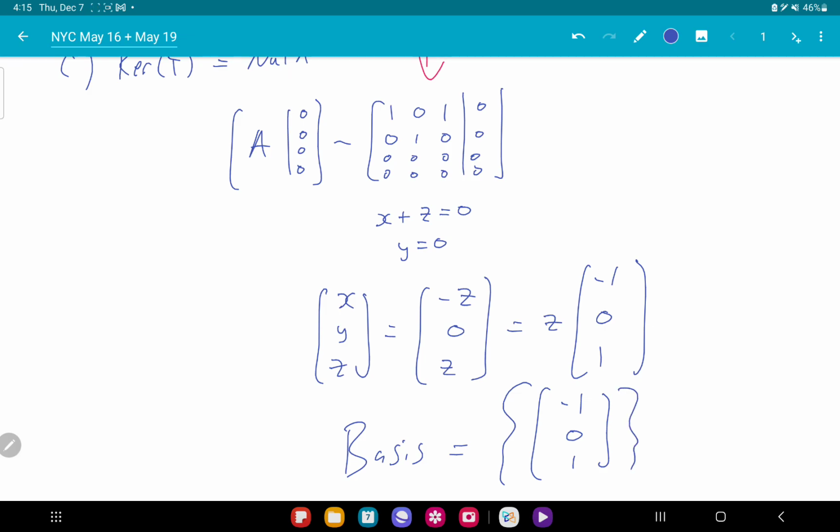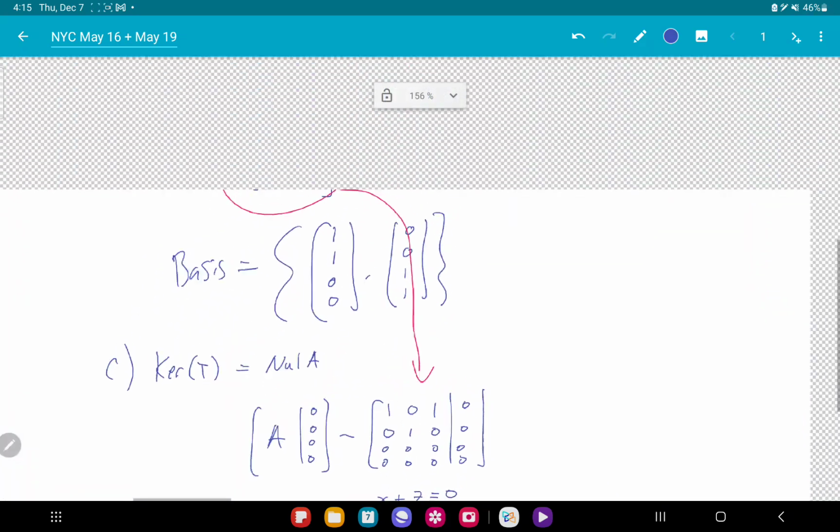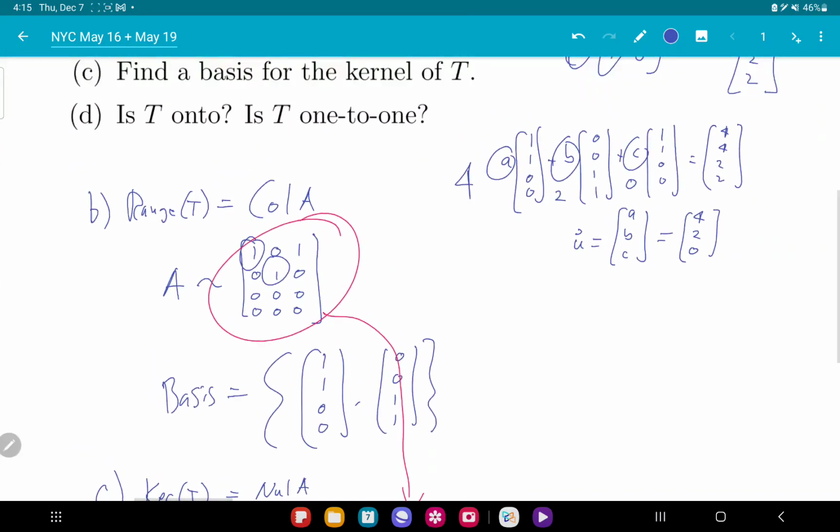Okay, last question, I believe, is onto or one to one. Is T onto, is it one to one? Well, you look at the reduced matrix right here and you're counting pivots.